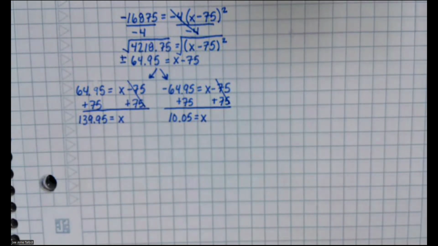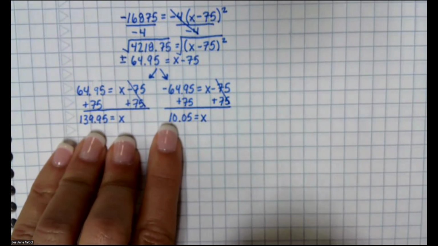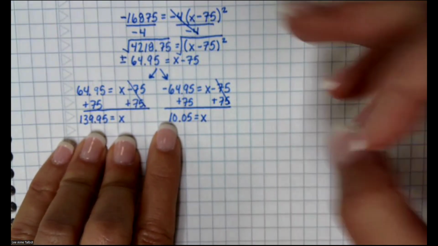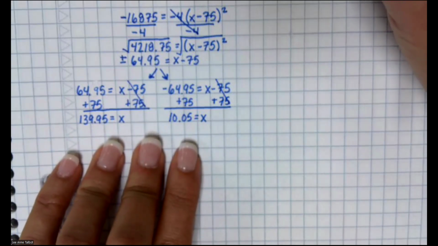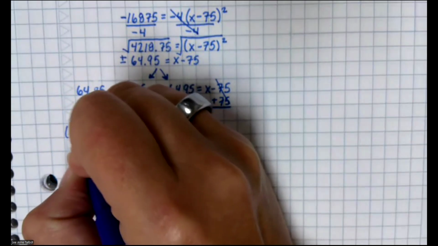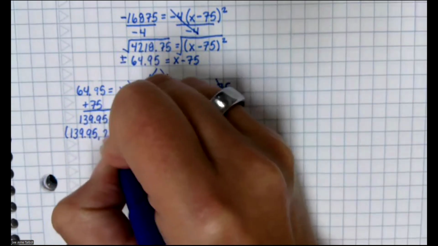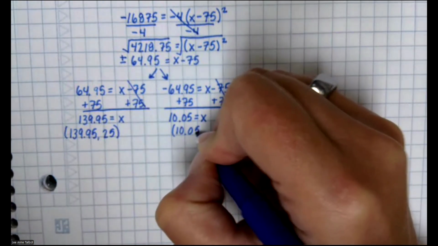Okay, so the last thing I want you to do is go back on your graph and see if the ball is at 25 feet in both of these two spots. So this is 139.95, 25, and 10.05, 25.